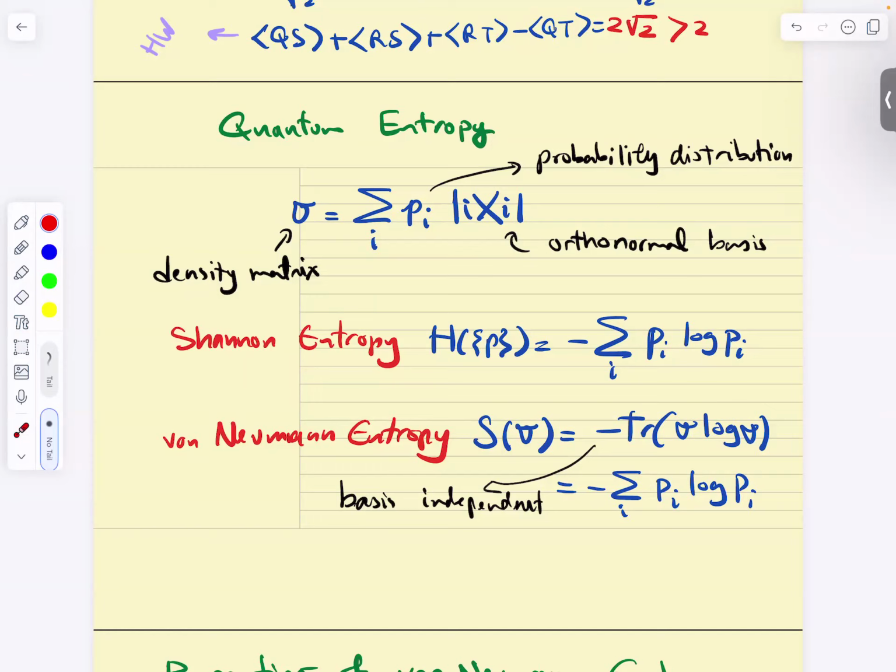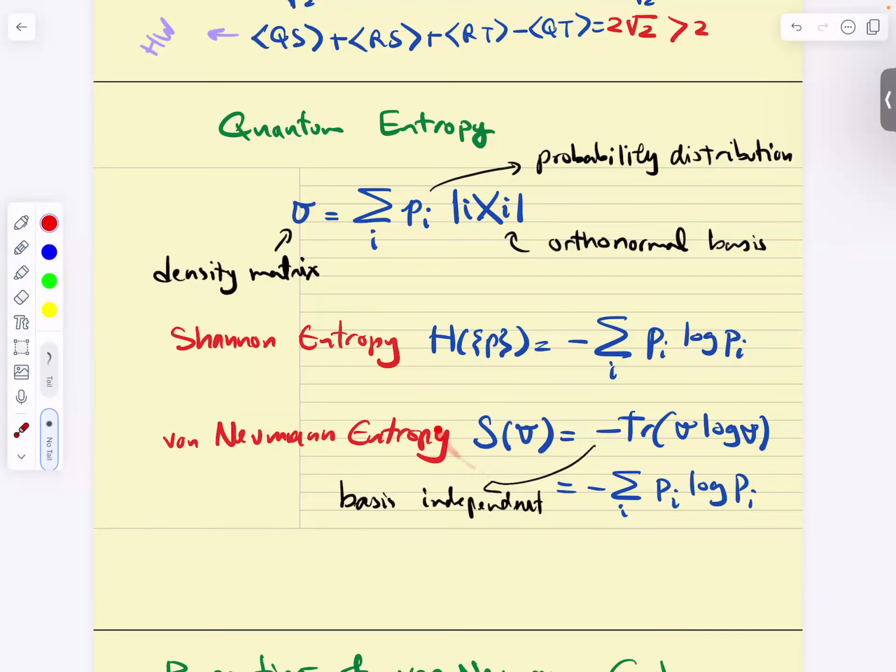All right, anyway. So immediately, you could define von Neumann entropy, which is a generalization of Shannon entropy to quantum states, because we said probability distributions are classical states, quantum states are density matrices, right?